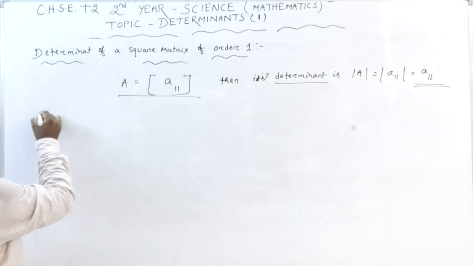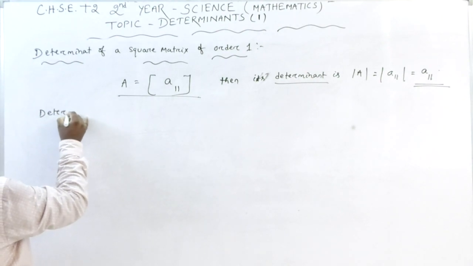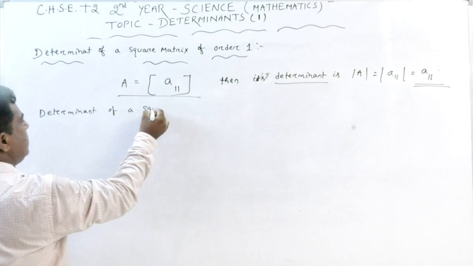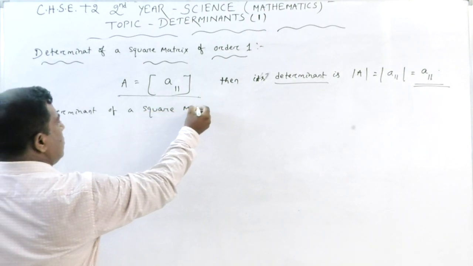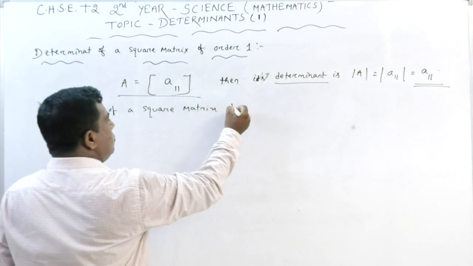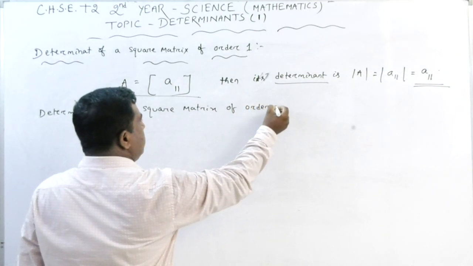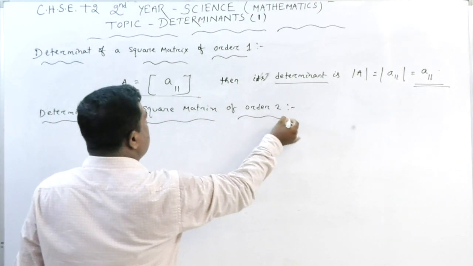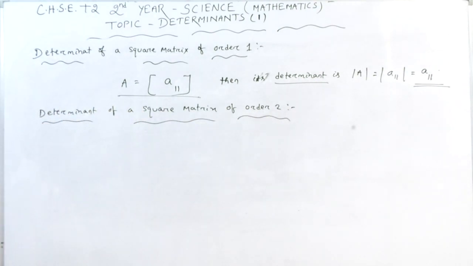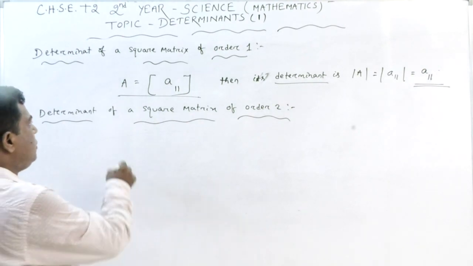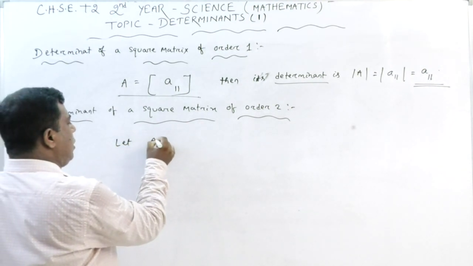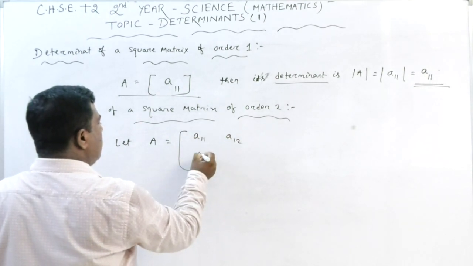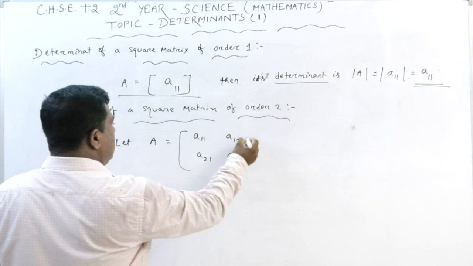Now we will go for the determinant of a square matrix of order 2 that we are going to find. How can we find the determinant of a matrix of order 2? Suppose let A equal to, I am writing a square matrix of order 2. It is A11, A12, A21, A22 with specific positions.